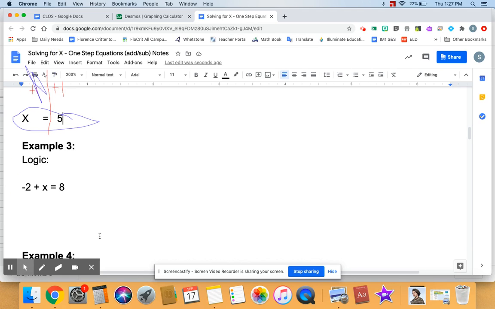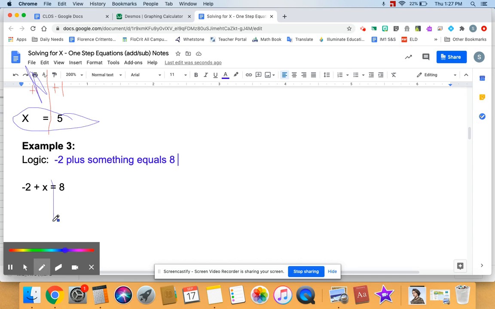Let's do another one. The logic here is that negative 2 plus something equals 8. What do you think it is? Well, let's solve. This is a negative 2, which counts as a minus 2, and the inverse of subtracting is adding. So I'm going to add 2 to both sides to keep it balanced. These 2 eliminate, so now I've isolated x. It's all alone.